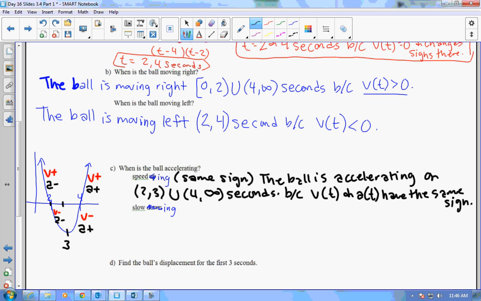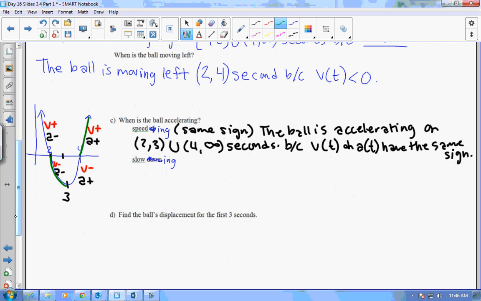They match. Velocity and acceleration when we're speeding have the same sign. Versus slowing down, do they have the same sign or different signs? Different. Because if it's speeding here and here, then the other 2 sections, it has to be slowing because they have different signs.